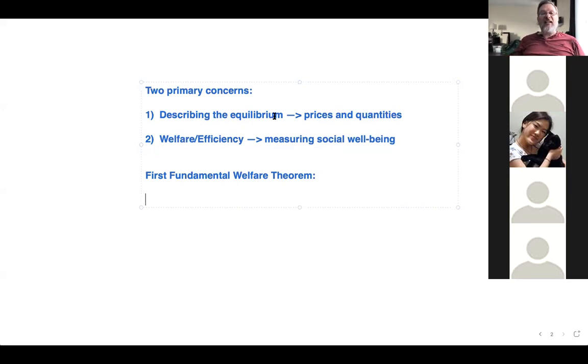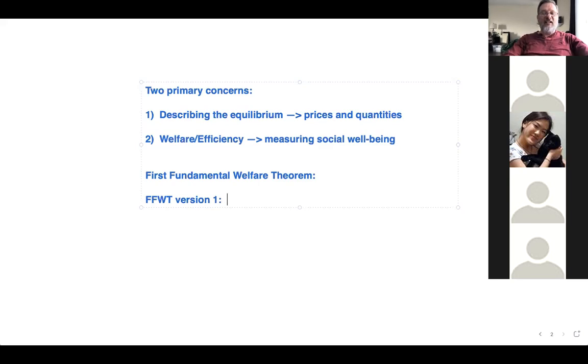And anyway, this is the most important result in all of economics. And you all know it, and I'll call it first fundamental welfare theorem version 1. This is the first lie, okay, but useful.